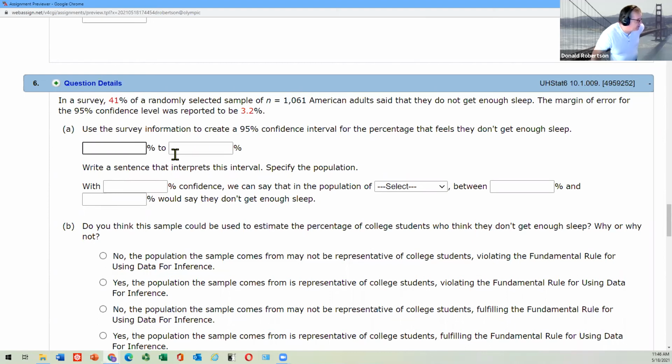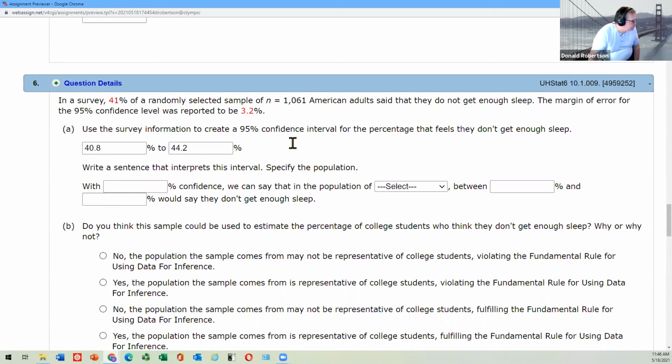So starting at this number, that's 40.8, I believe. And since they have the percentage there, that's good. And 44.2. So based on this 95% confidence interval, we believe somewhere between 41 and 44% of Americans don't get enough sleep. It's quite a high percentage.